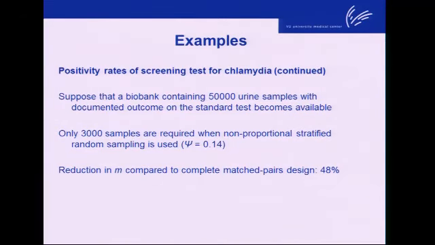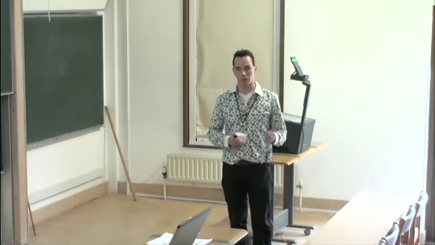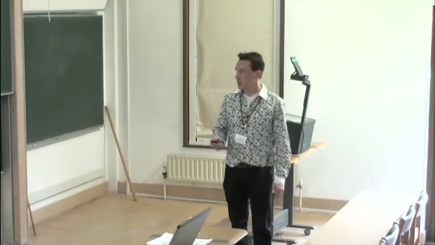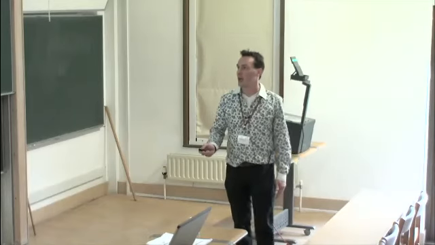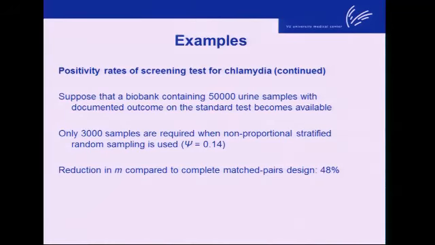In the future there's likely to become a biobank available where they store urine samples on which you can perform the new test. So then you can basically use stratified sampling to select your positives and your negative samples. If we aim for like 14% positives and the rest negatives, and use the score test that we proposed, then you only need 3,000 samples to achieve 80% power, which is a considerable reduction of 48%.